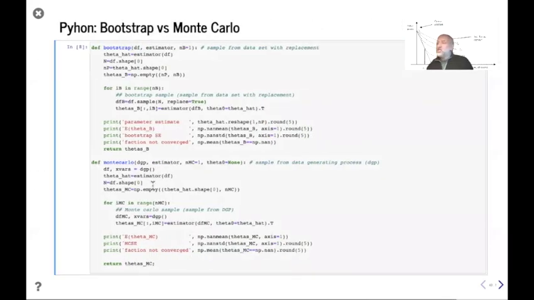Okay, so I just want to show here a little bit of Python illustration of the bootstrap versus Monte Carlo, because there are some subtle differences here. In the Monte Carlo, you sample from the population distribution of the data generating process.